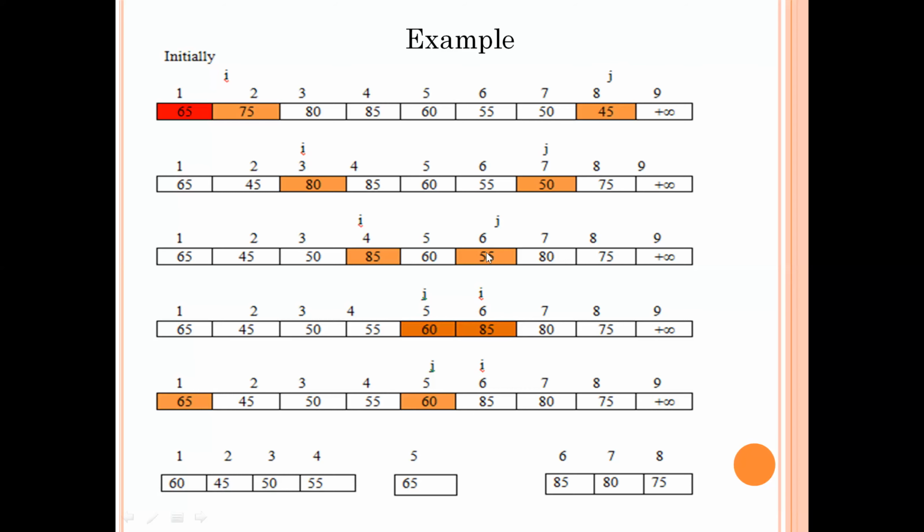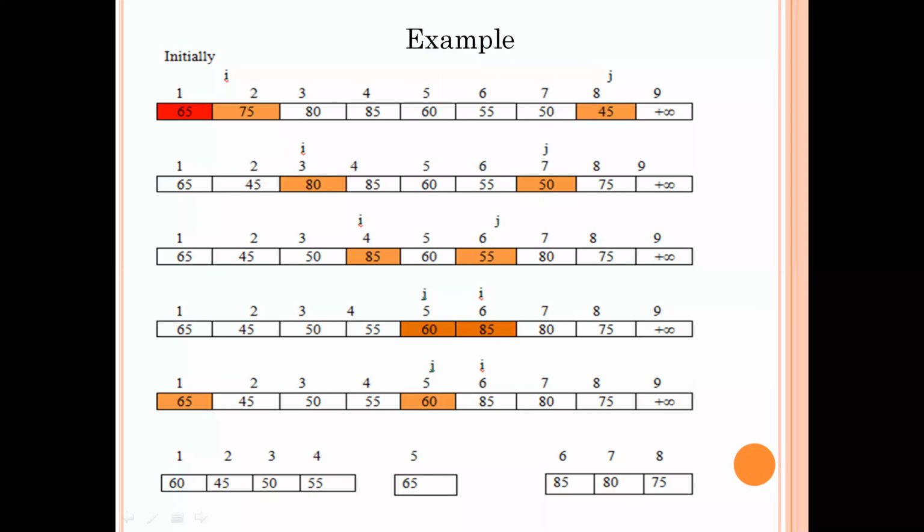Now where is j? It is at 6, so it should be decremented. It will come to 60. So is 60 less than 65? Now j will come to 60 because it is decremented, and 60 is less than 65.